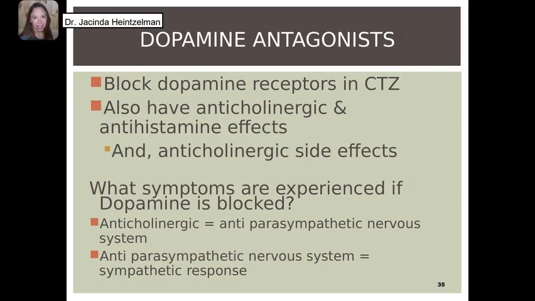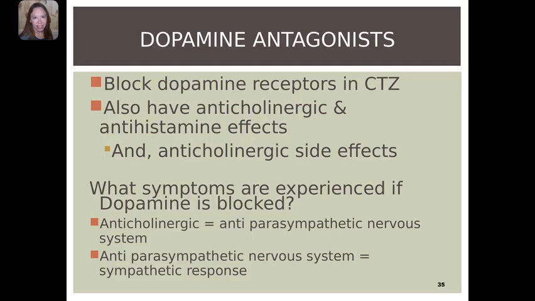Other types of medications that we can use as an antiemetic are the dopamine antagonists. How do these work? Well, they block the dopamine receptors in the brain at that CTZ site. These medications also have anticholinergic and antihistamine effects. So remember those anticholinergic side effects.